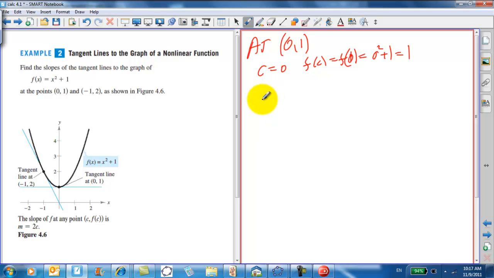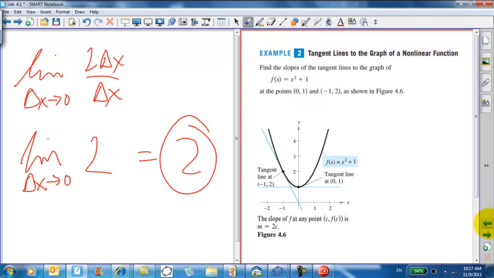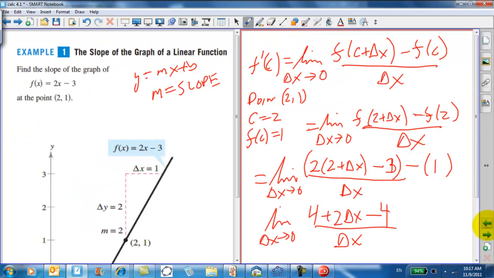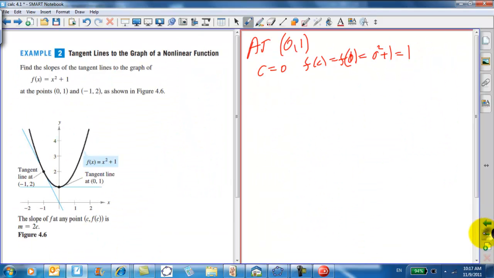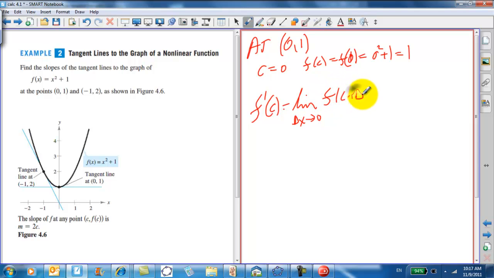Right? So now, to find the slope of the tangent line, the notation we're using right now is f prime to indicate the derivative at that point. F prime of c will equal the limit as delta x goes to 0 of f of c plus delta x minus f of c all over delta x.